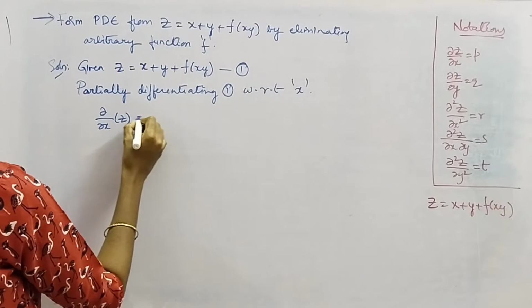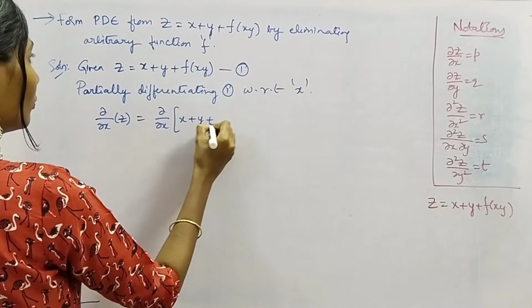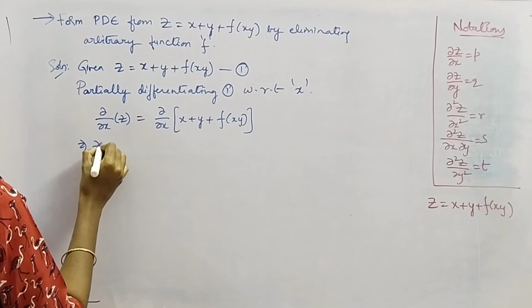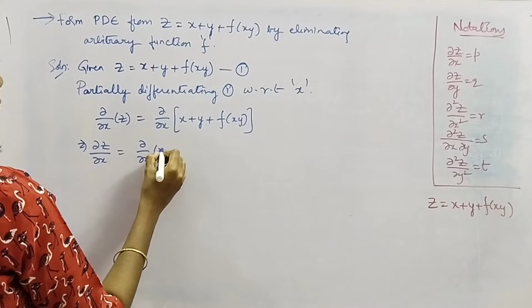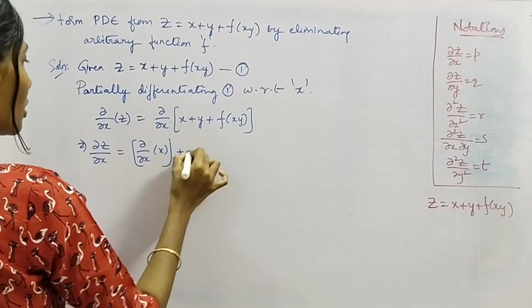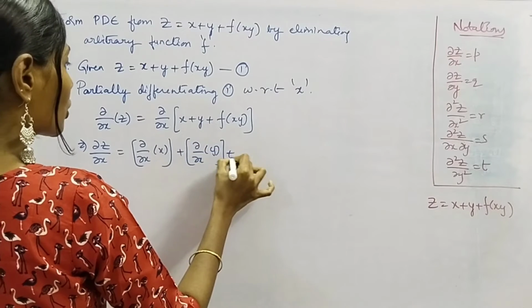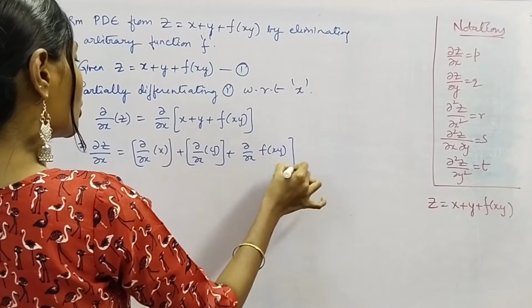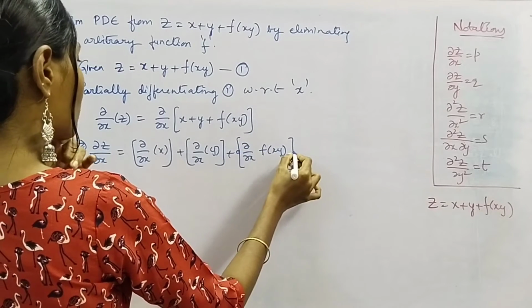You can skip this step. This gives us dou z by dou x equal to the partial derivative of the first term plus the partial derivative of the second term plus the partial derivative of the third term. Here we are partially differentiating with respect to x, so we'll treat y as constant.